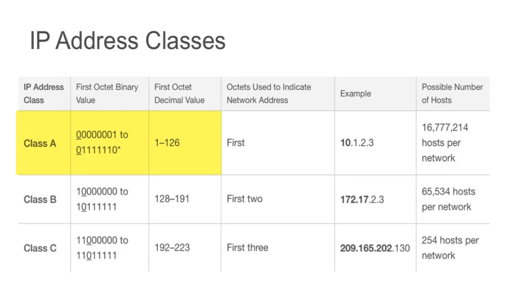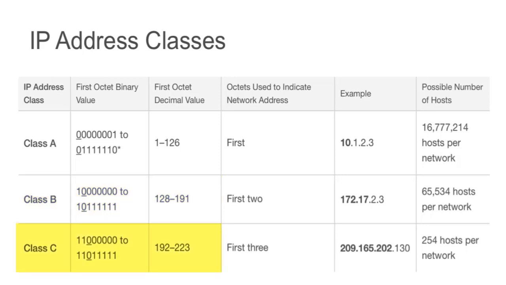Class A addresses are decimal values 1 through 126. This would mean that the very first octet is going to have a binary value that begins with a 0. A Class B address space is 128 to 191. This means that the first octet binary value is always going to begin with 10.